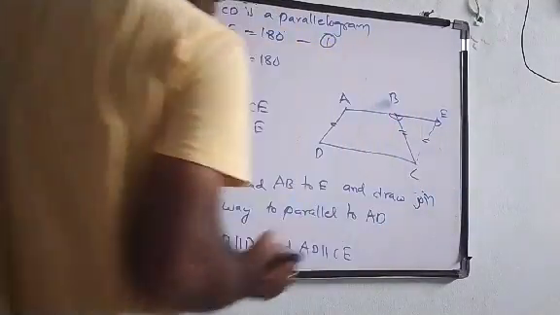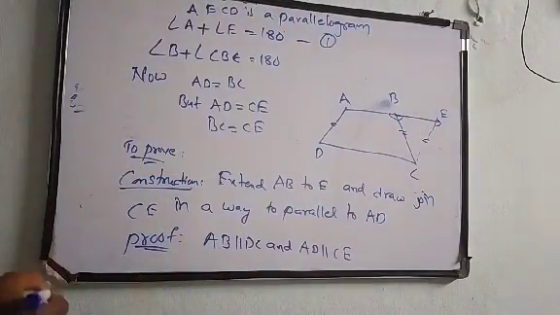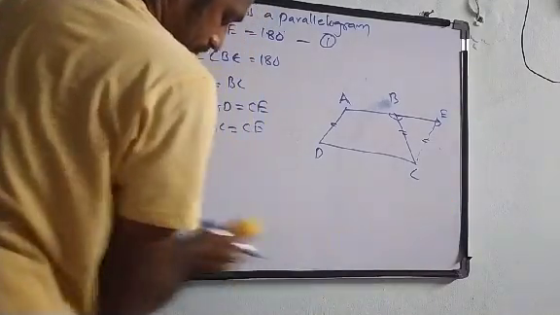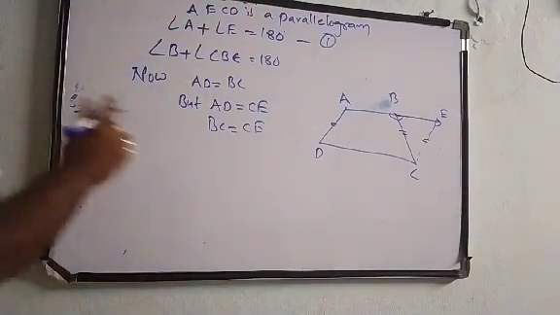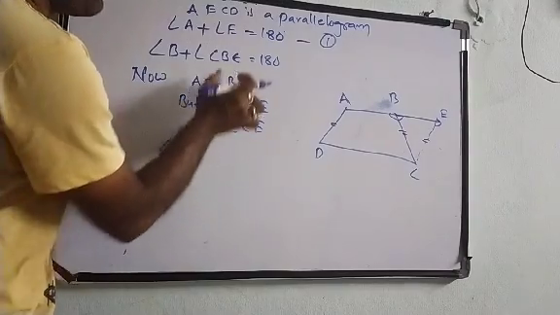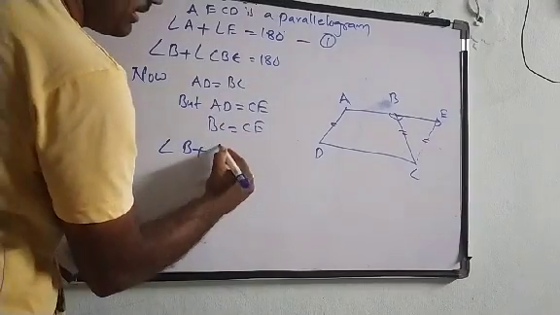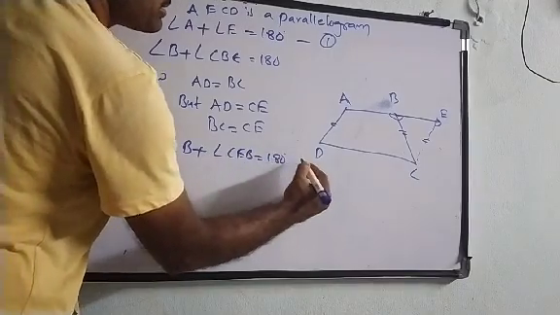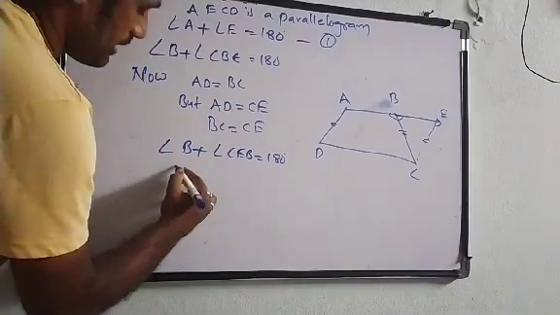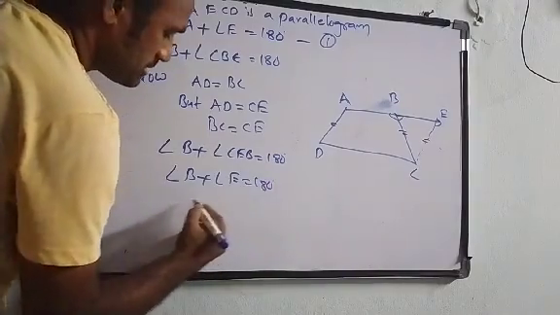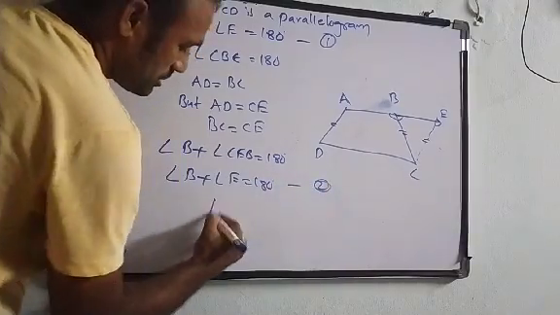So in place of angle CBE, I can write angle CEB, and angle B plus angle E is equal to 180 degrees. Keep it as second equation.